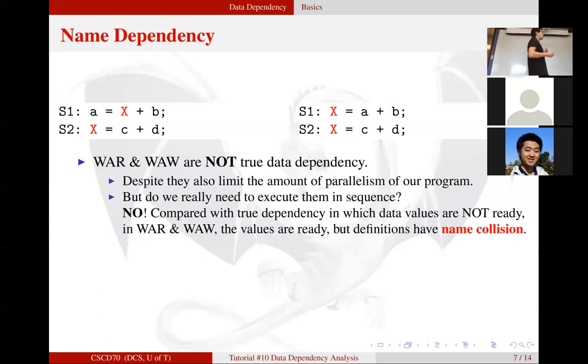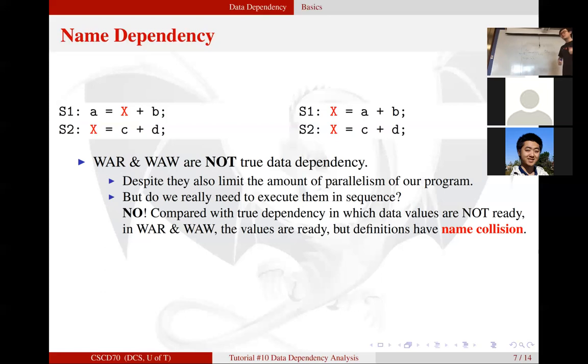Compare with read after write data dependency, where the values are not ready yet when we try to execute the instruction. Whereas in the case of write after read and write after write, the values are ready.